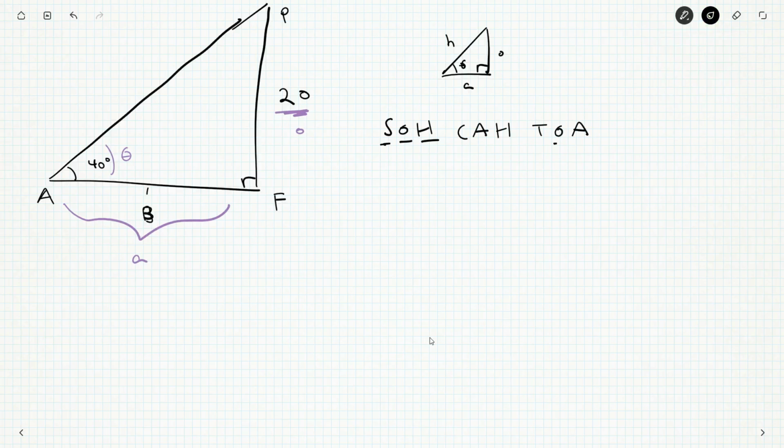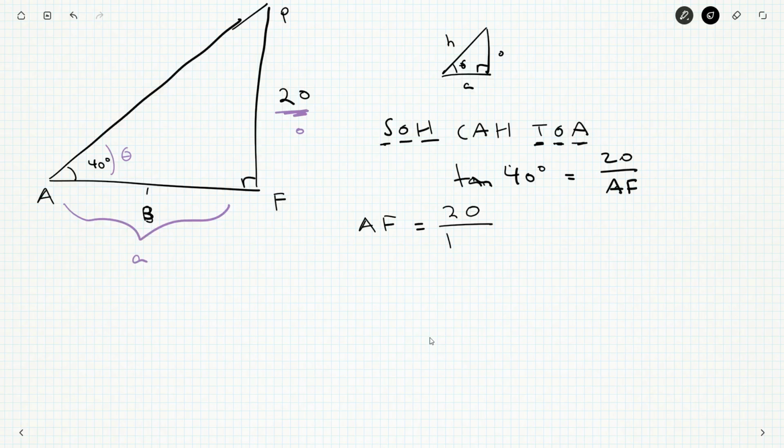And the one that we want is the one that deals with the opposite and the adjacent. So tangent of theta, which in this case is 40, is going to be the opposite side, 20, over the adjacent side, AF. Now, if I want to, I can rearrange this and figure out, well, AF is going to be 20 over tan 40. Great.